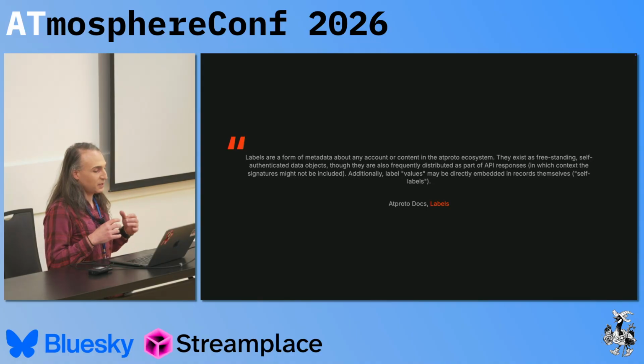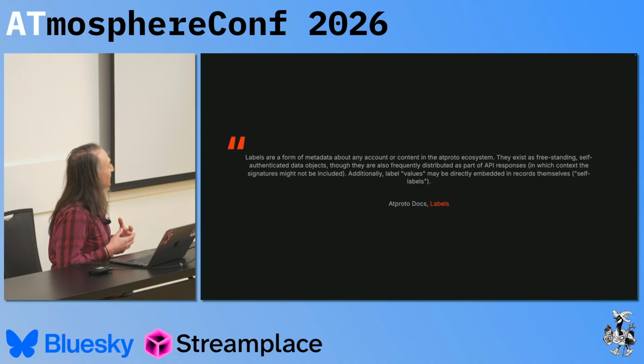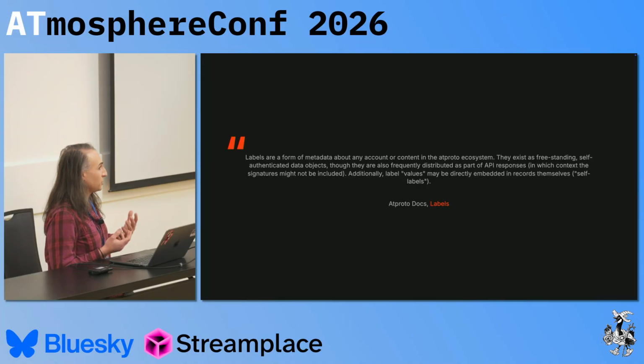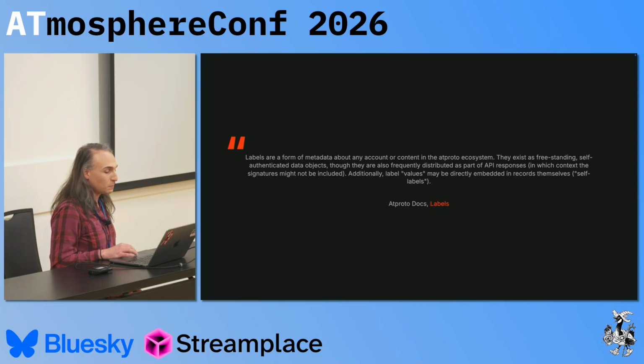But the two things to keep in mind about them is that they're a form of metadata about any account or content in the AT proto ecosystem. They exist as freestanding objects, and they can be used for moderation purposes, but they can also be used for other purposes. And there's quite a few labelers out there that are sort of novelty or fun labelers.